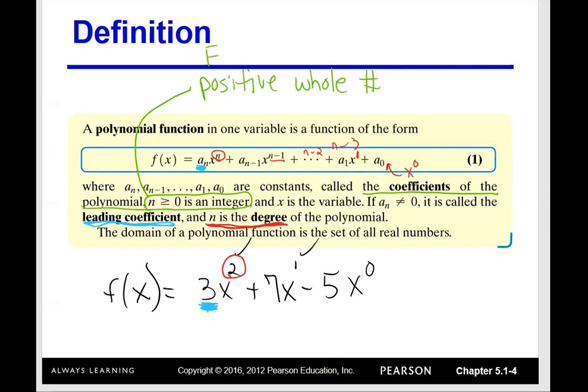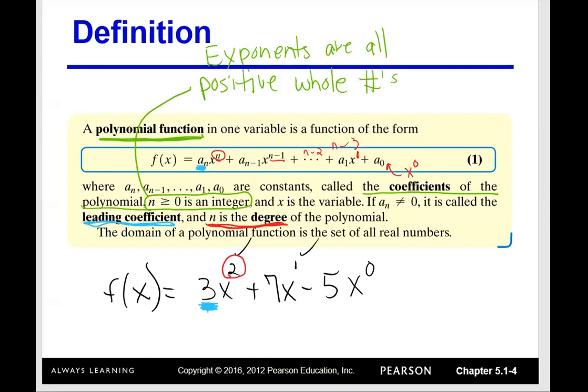So the exponents are all positive whole numbers. And that makes it a polynomial function. So if you see an x to a negative exponent or an x to a fraction, that's not a polynomial. It's a totally different type of function.